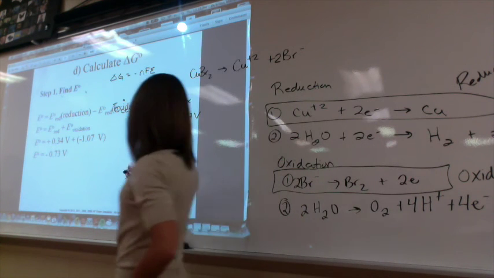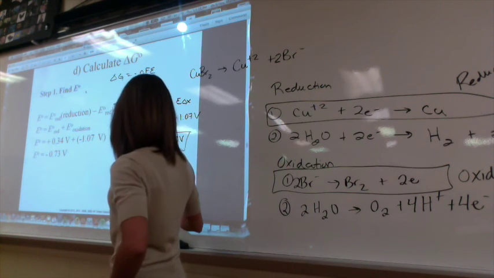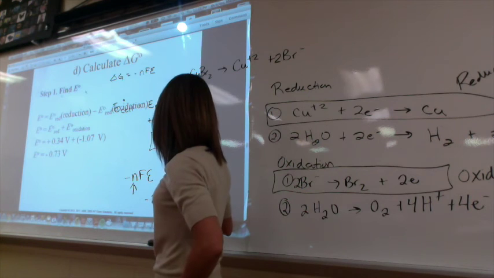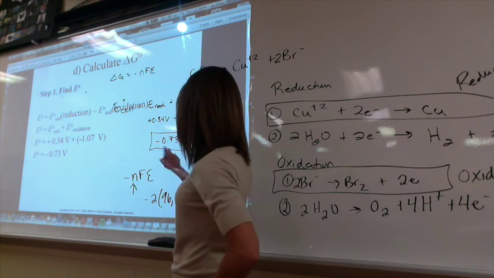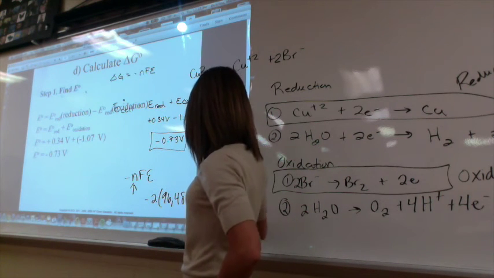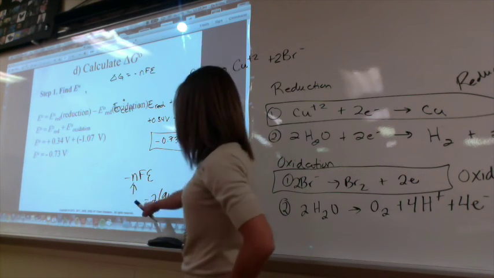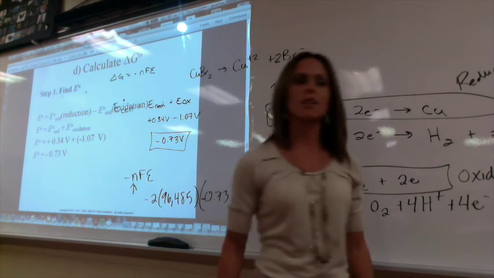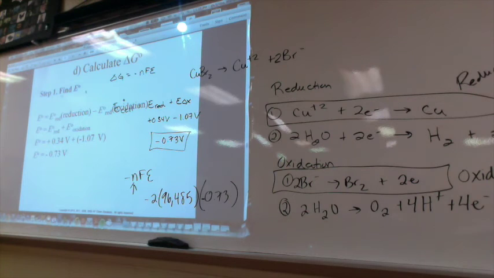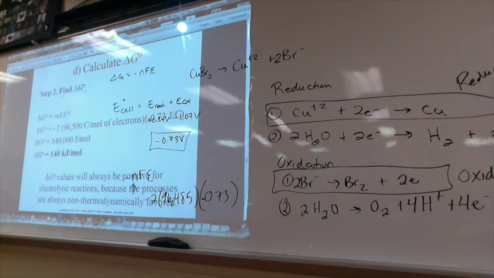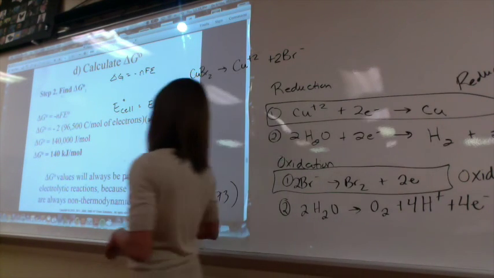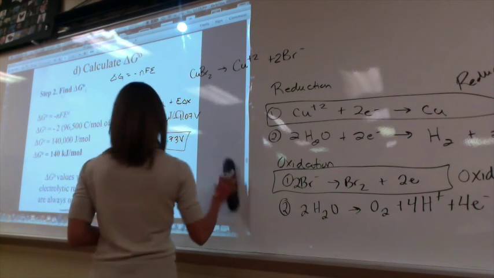But this is going to be negative 2 times Faraday's constant, 96,485, times my voltage, 0.73, which is negative. The negative and the negative will give you your positive to give you your delta G. You check your work by understanding the positives and the negatives.